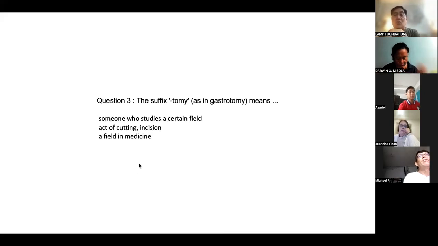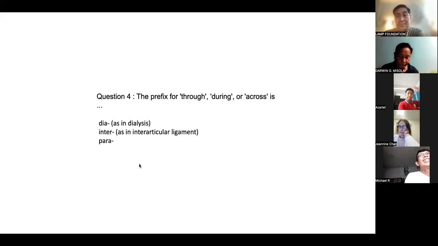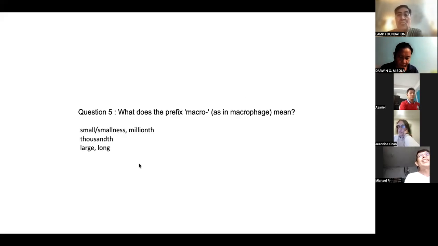The suffix -tomy, as in gastrotomy, means? Cutting, incisions. The prefix for through, during, or across is dia-, as in dialysis. What does the prefix macro-, as in macrophage, mean? Large or long.